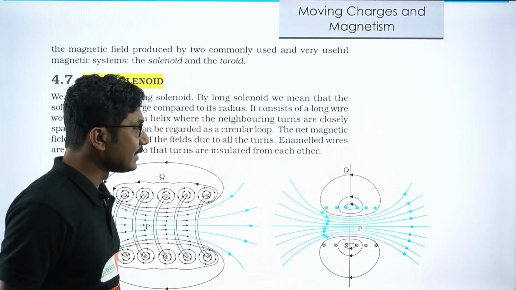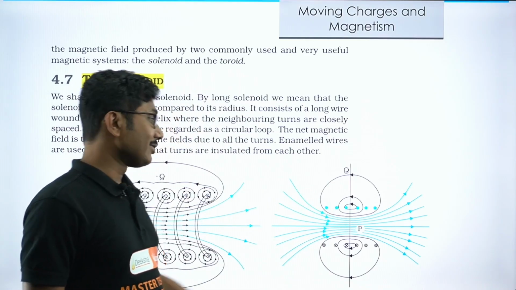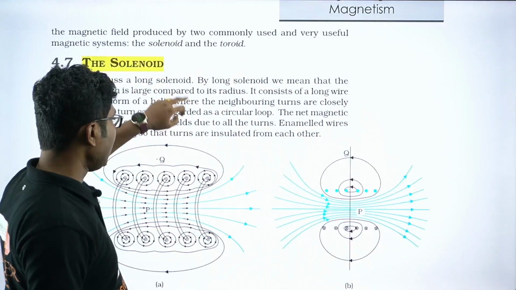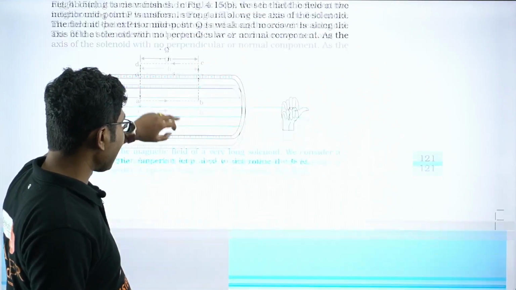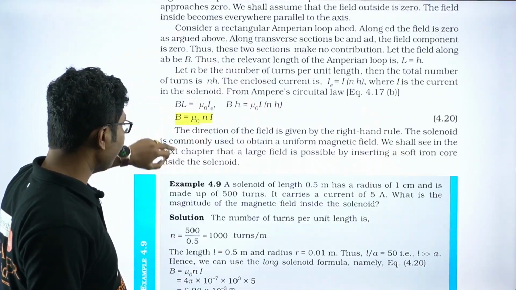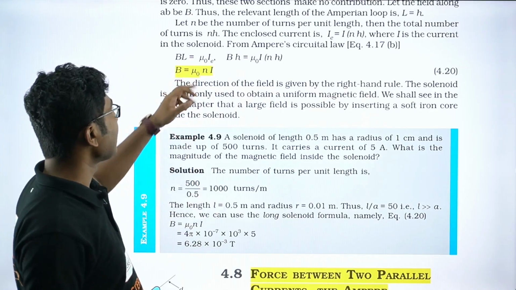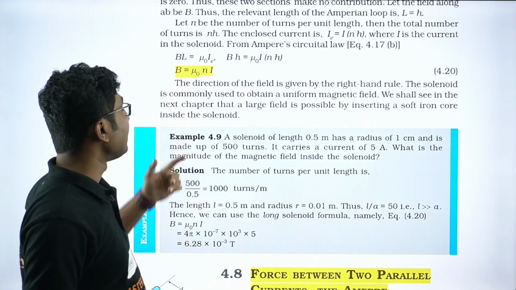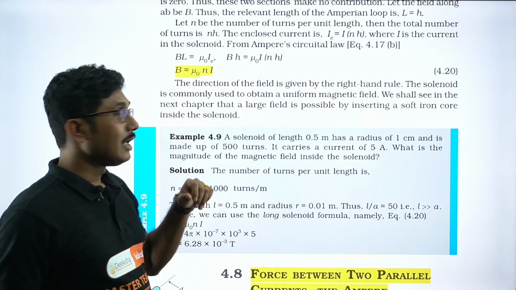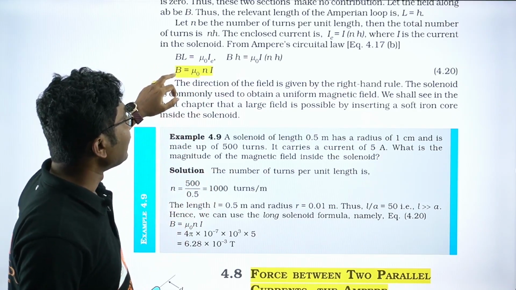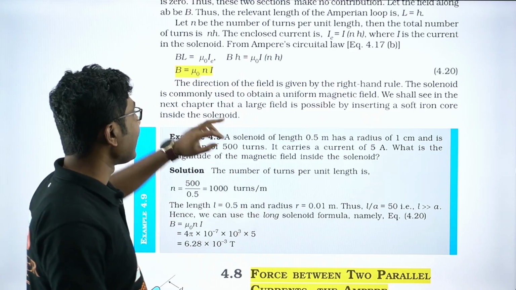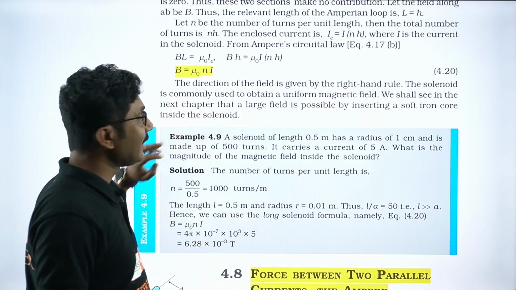It varies only at the edges. This is called the edge effect. You can calculate this constant magnetic field, and it is mu naught N I. Mu naught is the permeability of free space, N is the number of turns per unit length, and I is the current. Based on that you can find the magnetic field inside the solenoid.